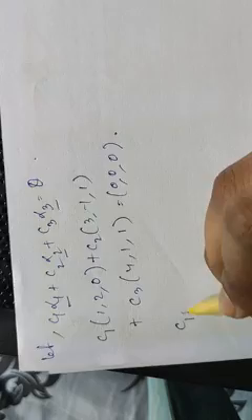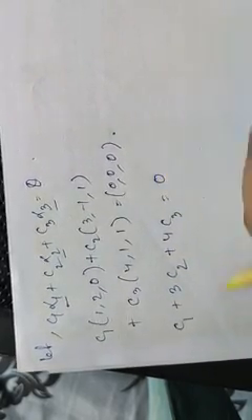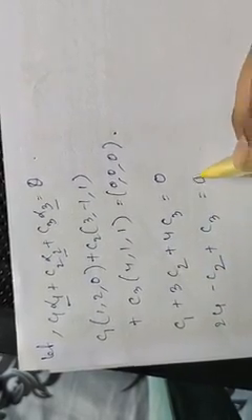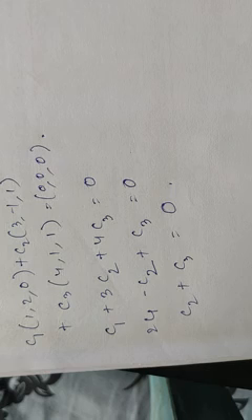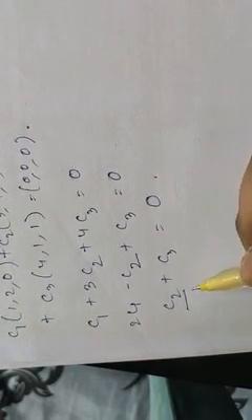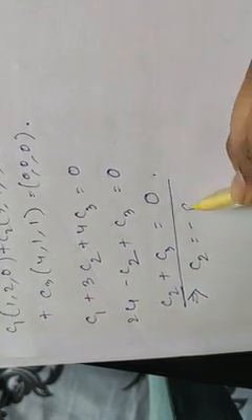So it will become C1 plus 3C2 plus 4C3 equals 0, 2C1 minus C2 plus C3 equals 0, and then 0 C1 plus C2 plus C3 equals 0. These three conditions we get from this. You know how to solve these equations. From the third equation we can say C2 equals minus C3.